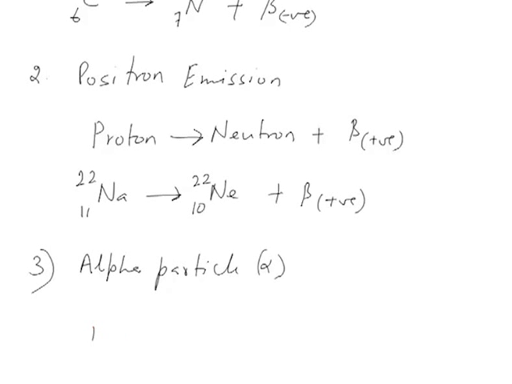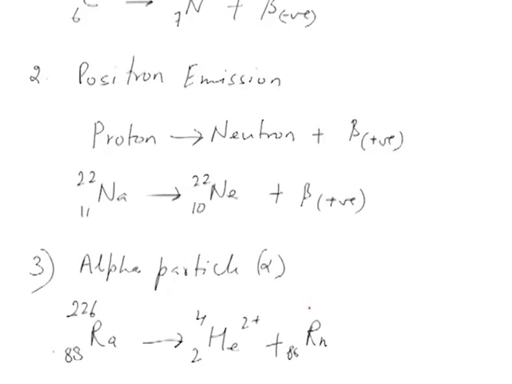For example, radium, which has atomic number 88 and atomic mass 226, is converted to a helium nucleus, or alpha particle, with atomic number 2 and atomic mass 4, and it is, like I said, doubly charged. Plus subsequently radon is created, which has 2 atomic number less and 4 atomic mass less.